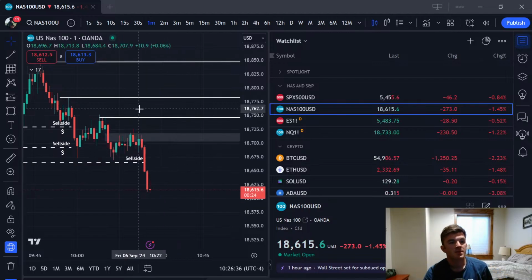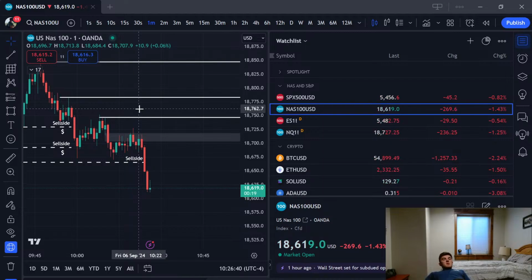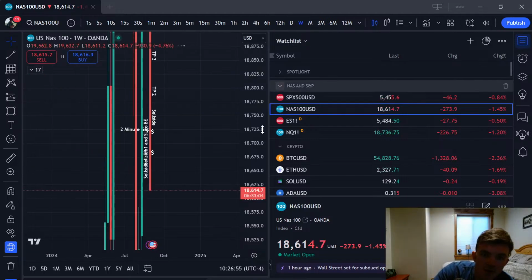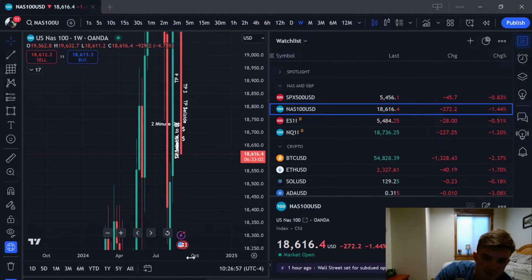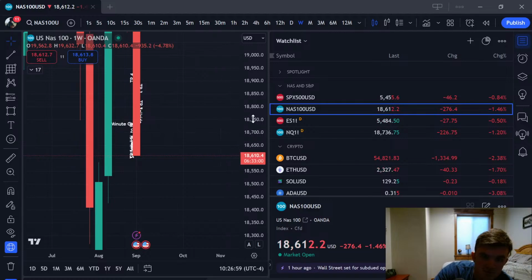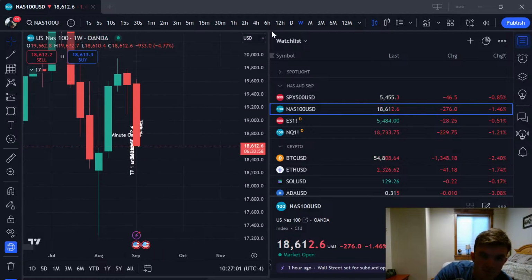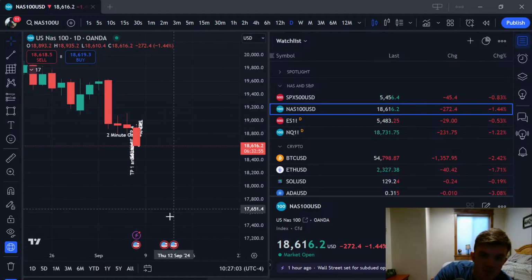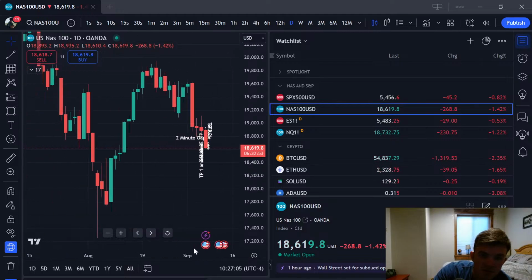I feel like there will be a good trade though, possibly maybe around 11. I'm just surprised that this daily gap didn't really do much.